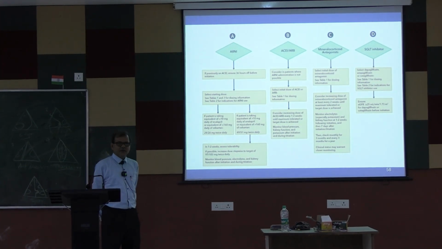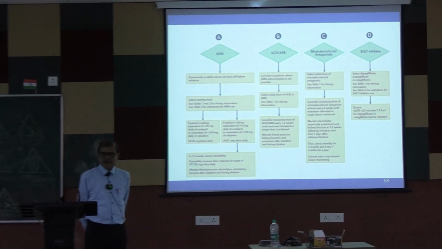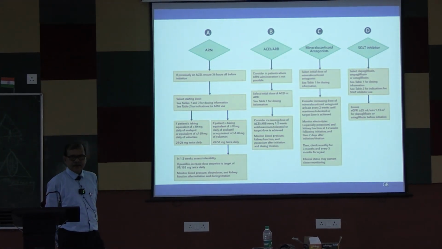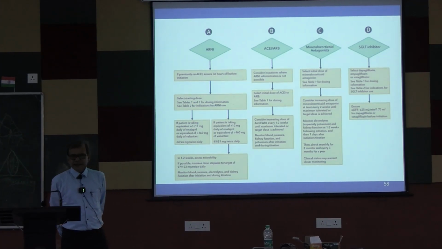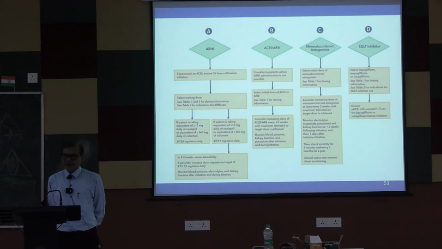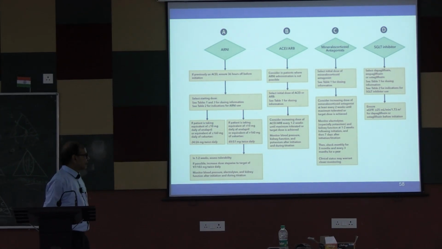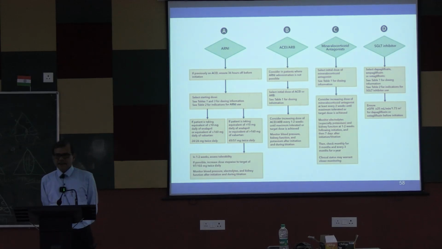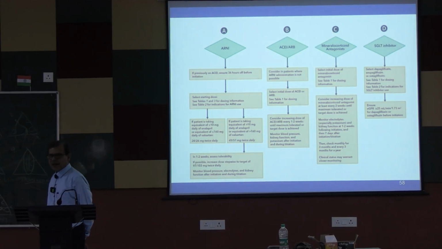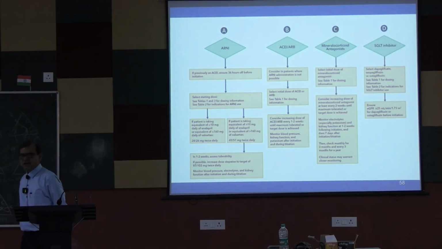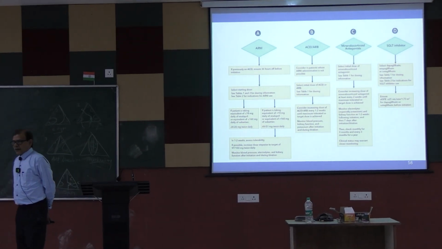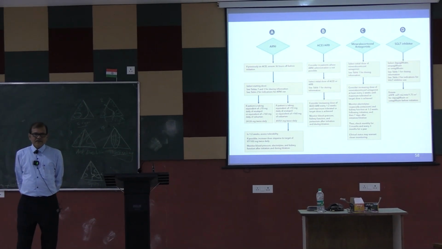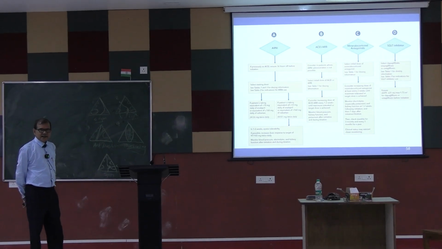Monitoring is mainly for the serum potassium concentration and renal functional status. Then go for SGLT2 inhibitors. Here renal functional status with GFR more than or equal to 25 ml per minute per square meter of body surface area is a must.